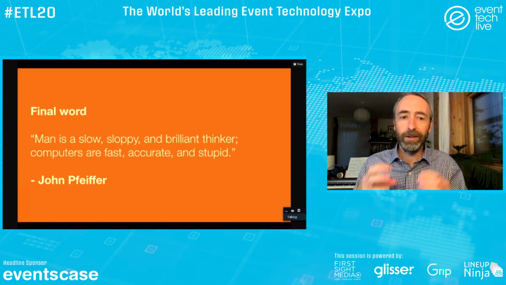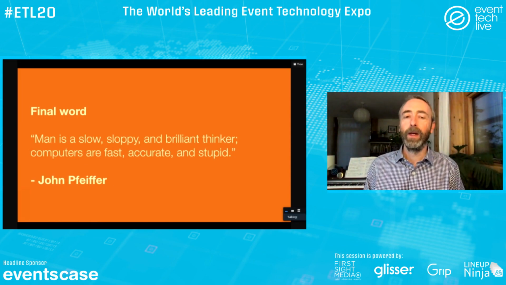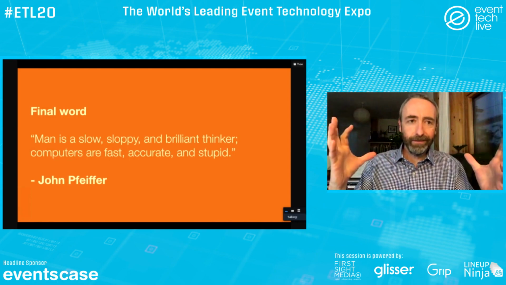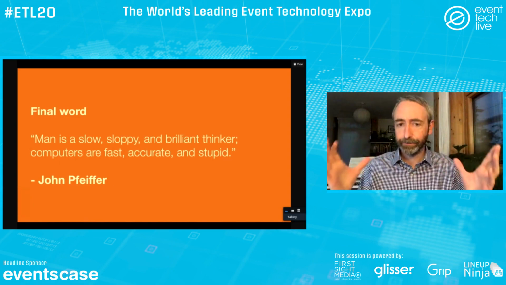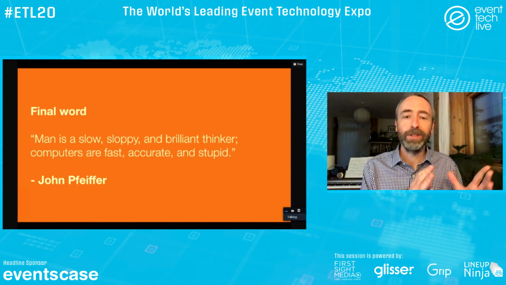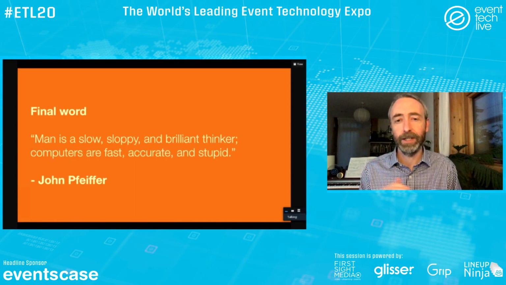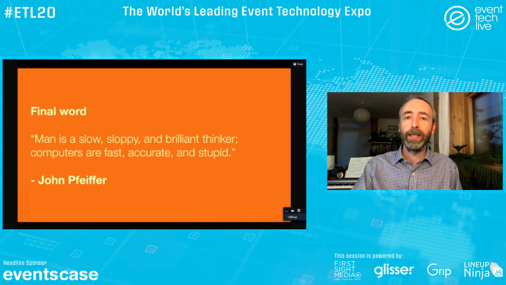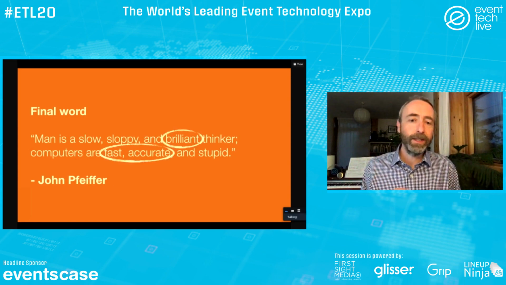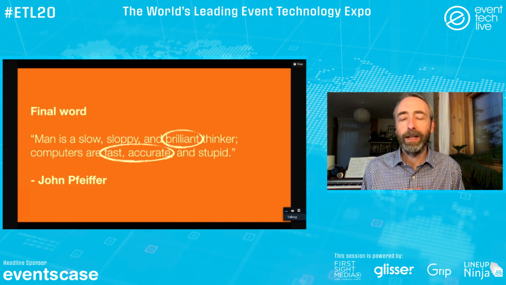Human brains, we're slow, we're sloppy, we take shortcuts, but we're brilliant in that we have these amazing leaps of imagination. In contrast, computers are very fast, very accurate, but kind of stupid. So what we're trying to achieve with smart agenda planning is making you the most brilliant, fast, and accurate event content manager that you can be, basically.